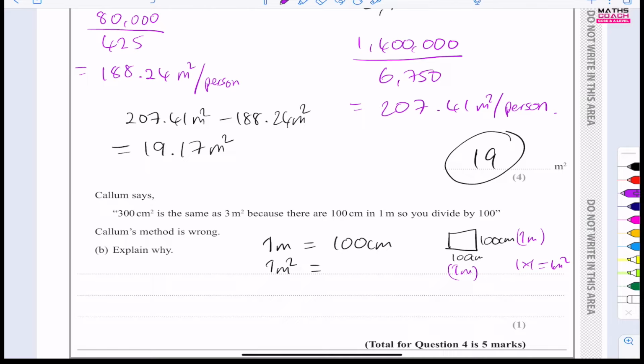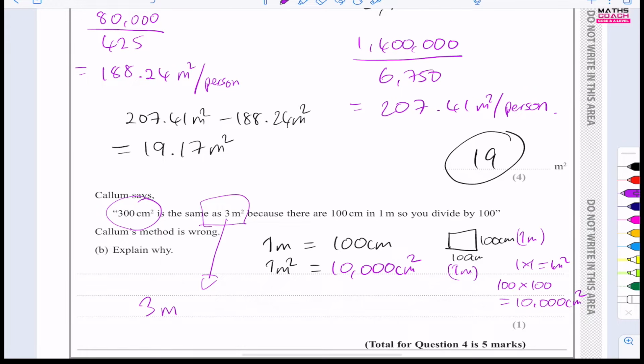But if you use the centimeters to do that, that's not going to be 1 times 1. It's going to be 100 times 100, right? And 100 times 100 gives you 10,000 centimeters squared. So 1 meter squared is actually 10,000 centimeters squared. So therefore, let's take the 3 meters.